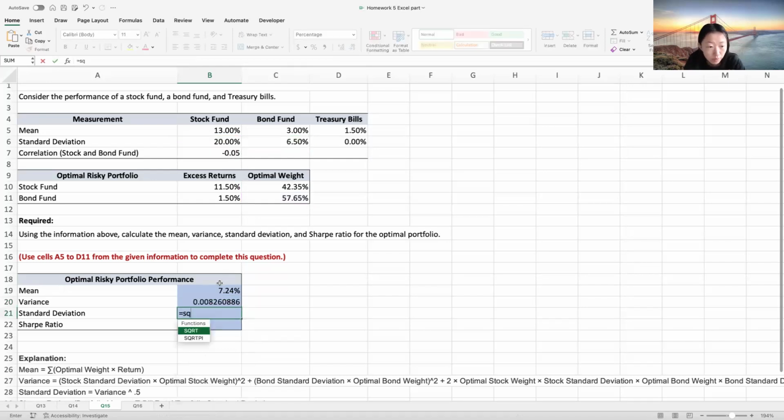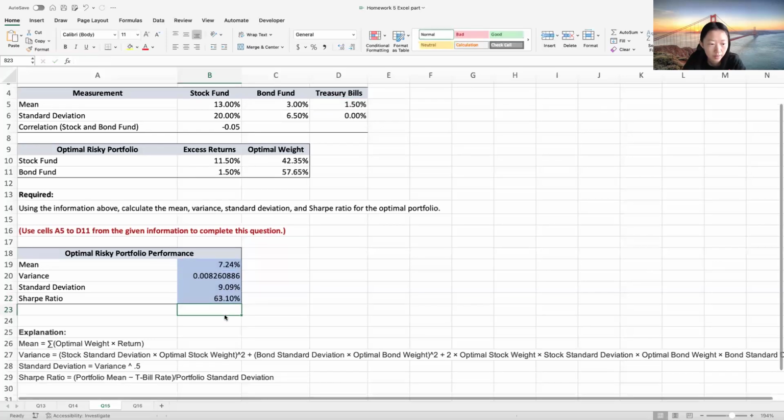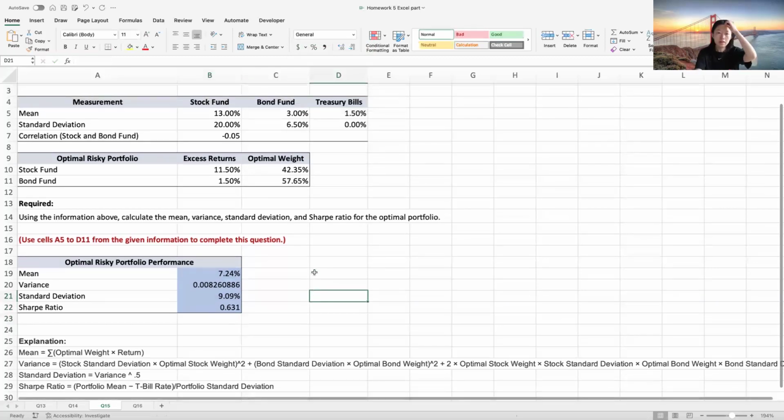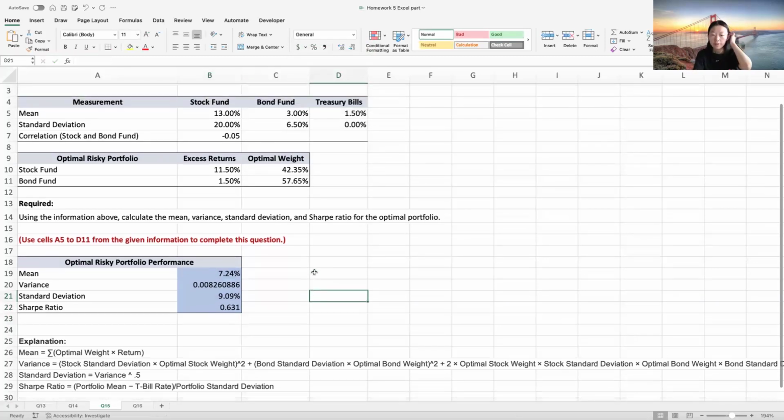And standard deviation equals the square root of variance. Sharpe ratio is going to be return minus treasury divided by the standard deviation. And I will need to show it in decimal point. Okay, so that will be question 15.